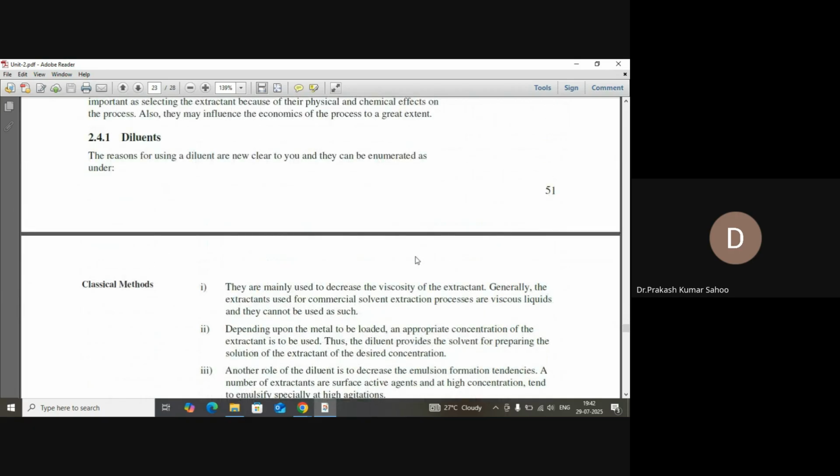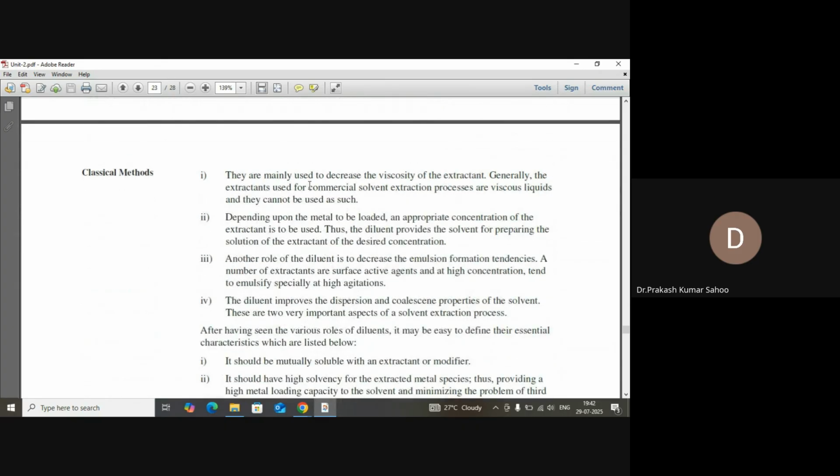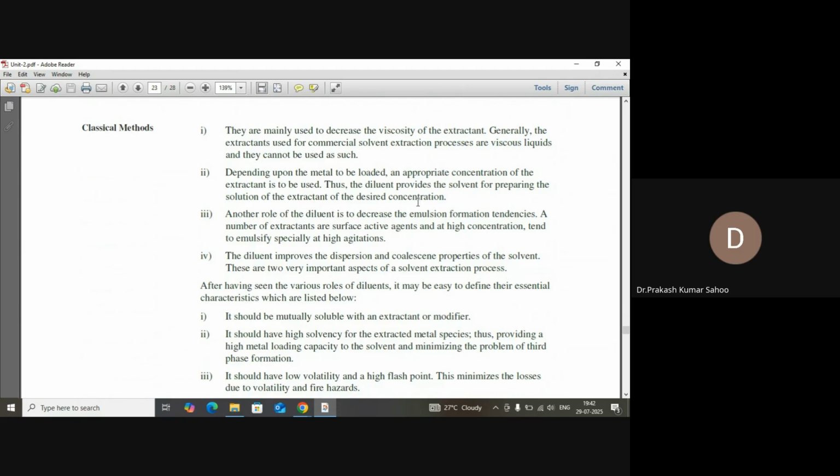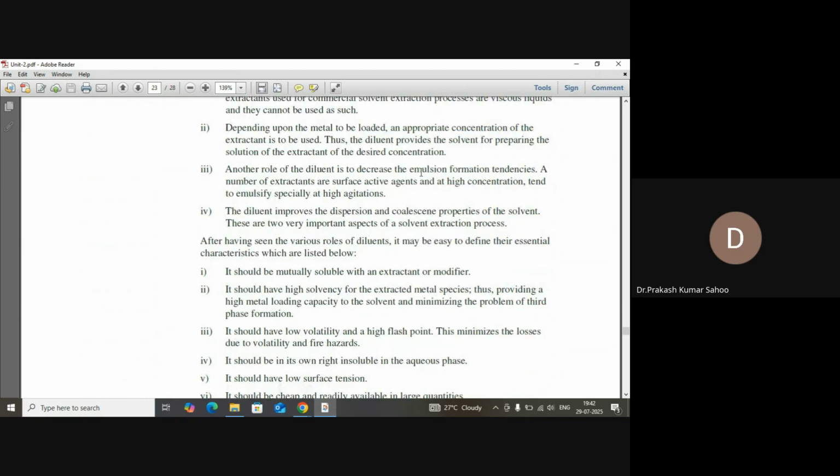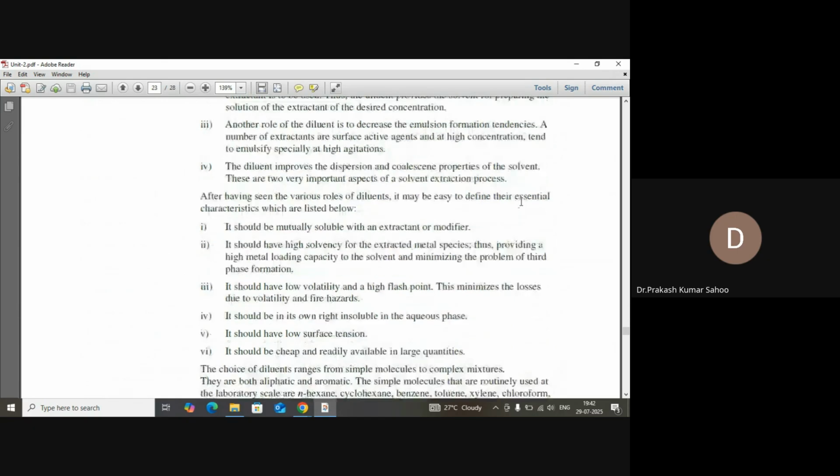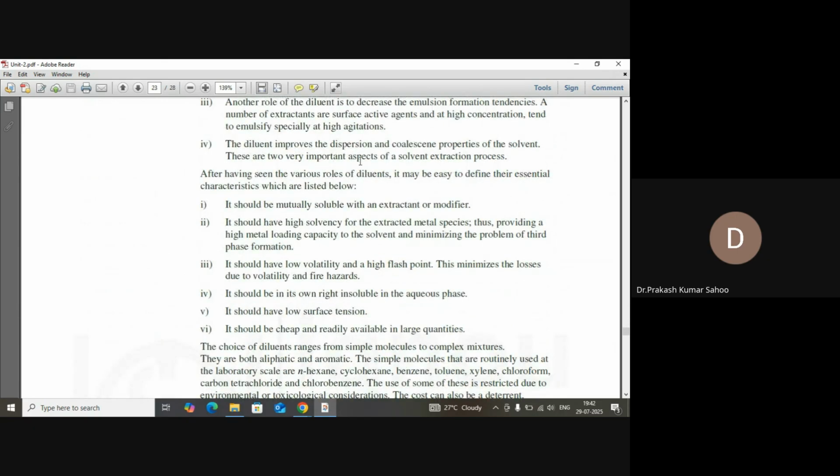So why are diluents used? They are mainly used to decrease the viscosity of the extract depending upon the metal to be loaded. Another role of diluent is to decrease the emulsion formation tendency. Diluent improves the dispersion and the coalescence property of the solvent.